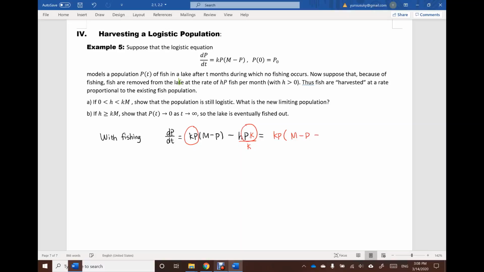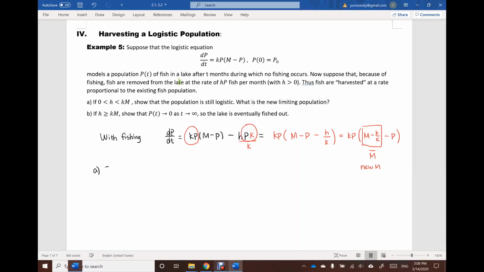M minus P stays, and here what's left is h over k, right? So we can group M minus h over k together and minus P here. Now I can call this M hat. So this is like a new M, a new limiting population, compared to our formula. Okay, so now let's answer the problem.